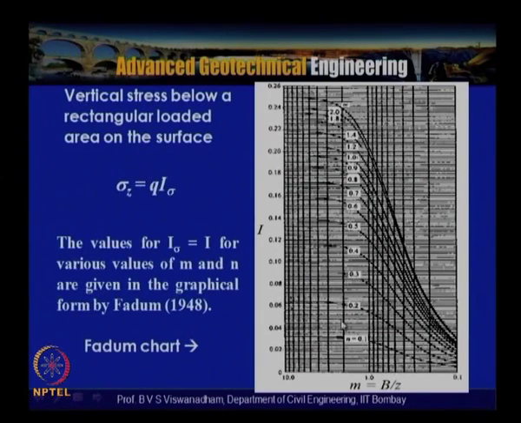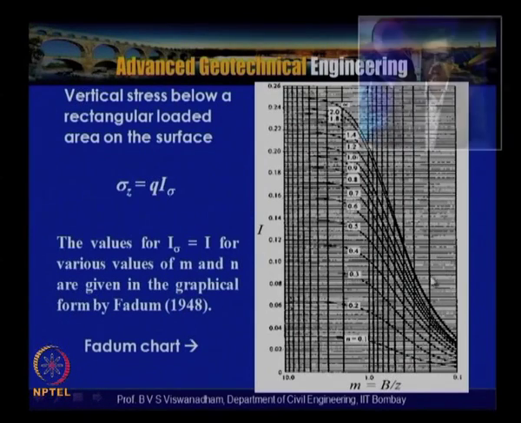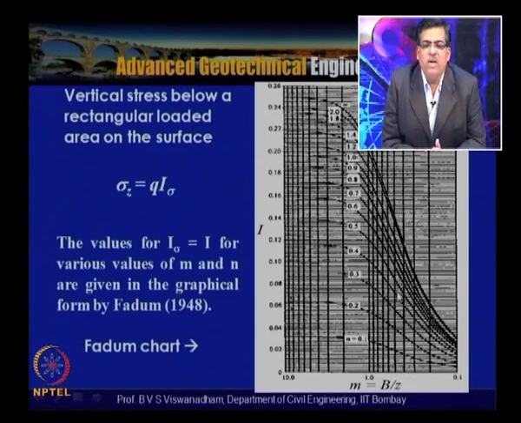So by knowing these values we get the influence factor. Let us assume that we are calculating for a square area having side b. To get the stress at the center, we need to take b by 2 and b by 2.